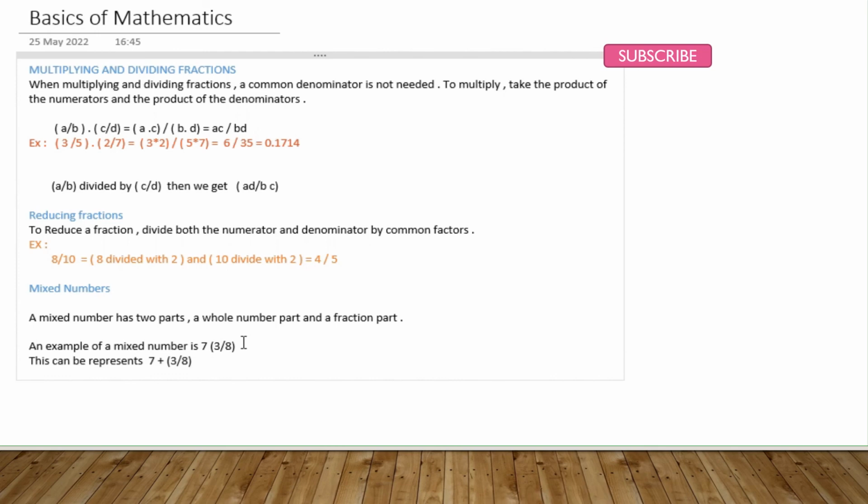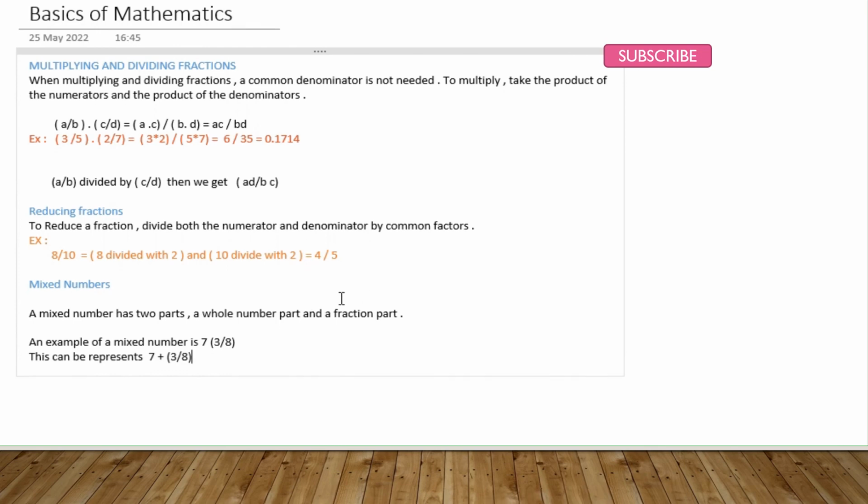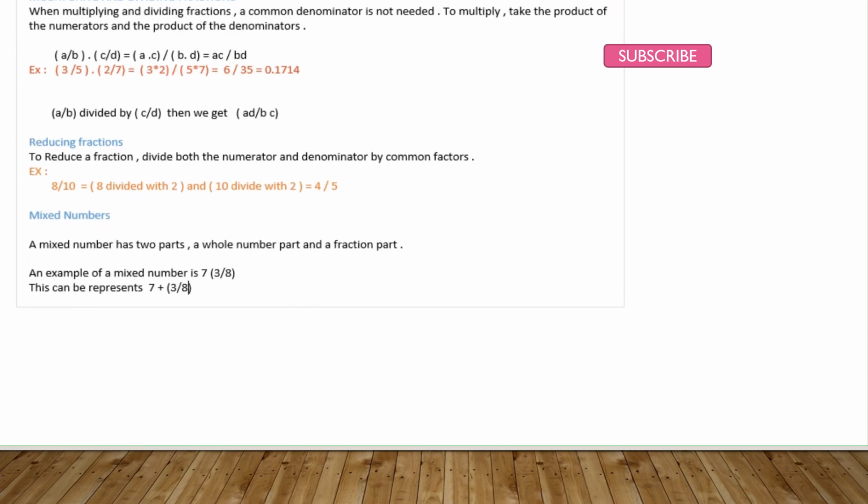This is the actual mixed number. And also, similarly, we can write an improper fraction.